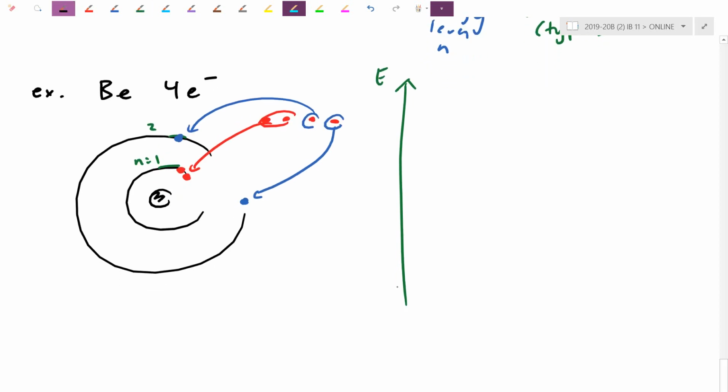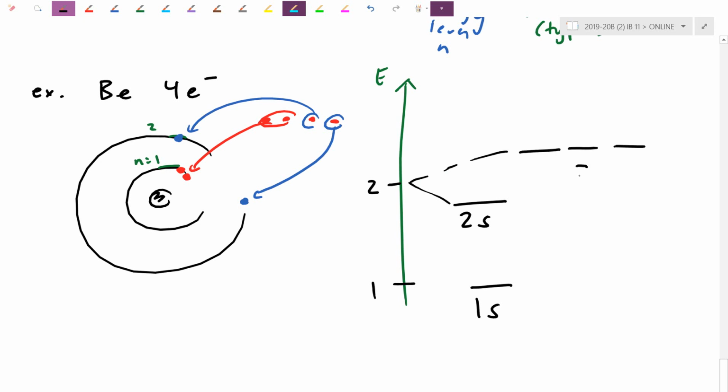Here's what I mean. When we have shell number 1 and shell number 2, shell 1, we talked about it only being 1s kind of room. Shell 2, we saw from earlier, separates into the lower 2s kind of room. Whenever the p kind of room shows up, they always show up as 3 individual rooms. Pauli says each individual room, called an orbital, each room maxes out at 2 electrons.